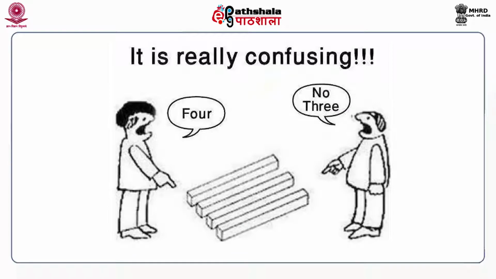One can concentrate on the black part of the image and perceive it as a vase. On the other hand, another person may concentrate on the white part and may perceive two faces. So, it completely depends on our way of looking at things and then interpreting them.